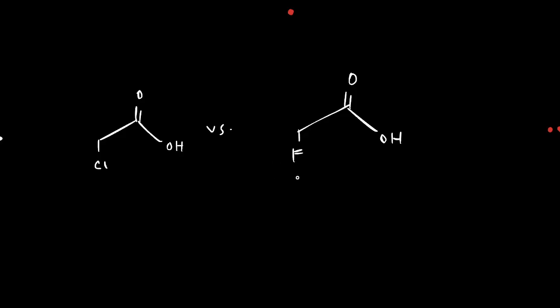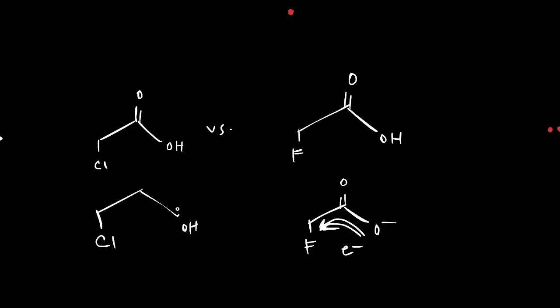Well, we know that fluorine is much more electronegative than chlorine. So because it's more electronegative, if we're looking at this conjugate base, well, because fluorine is more electronegative, it's going to more strongly pull on that electron density here and much more effectively induce the inductive effect and much more effectively diminish that negative charge as compared to chlorine, which is also electronegative, just less so than fluorine.